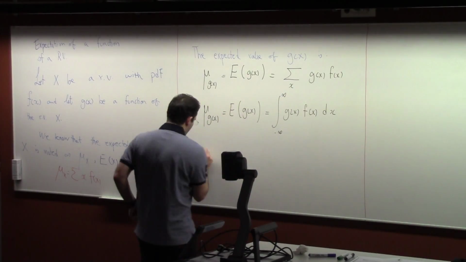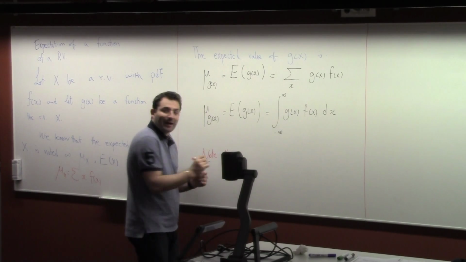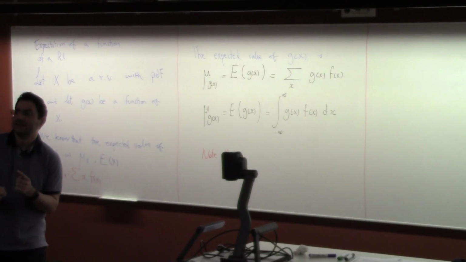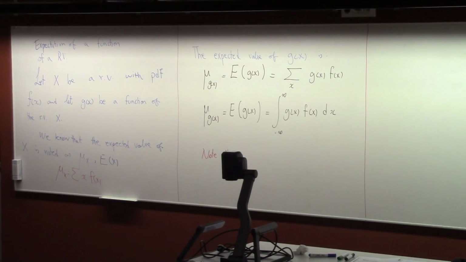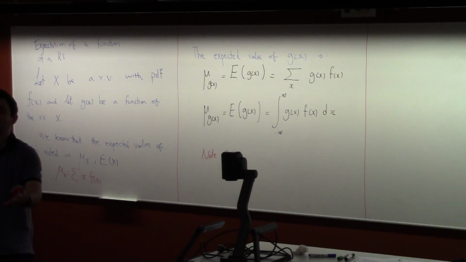Note that now X is a random variable, right? As well as this, X is a random variable. What about g(x)? Is g(x) also a random variable? The value is expected. Thomas, is g(x) a random variable?